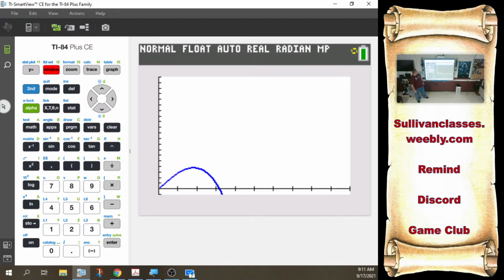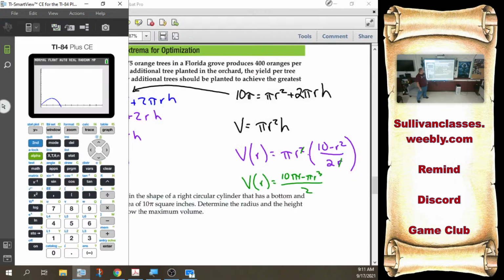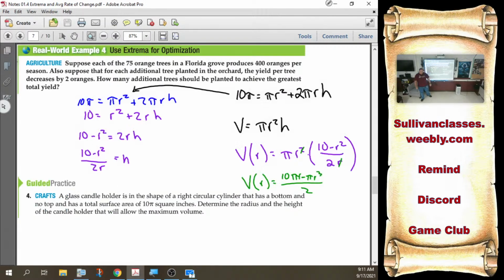Come back to the original problem. What is the object we're talking about? The maximum volume and the radius and the height of a glass candle holder where x is going to be inches. Are you going to have a candle holder that has a radius of 100 inches?